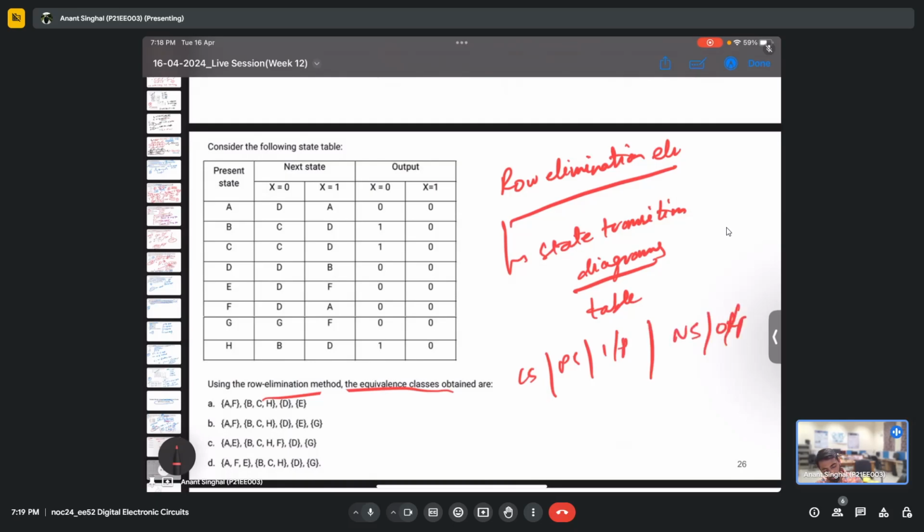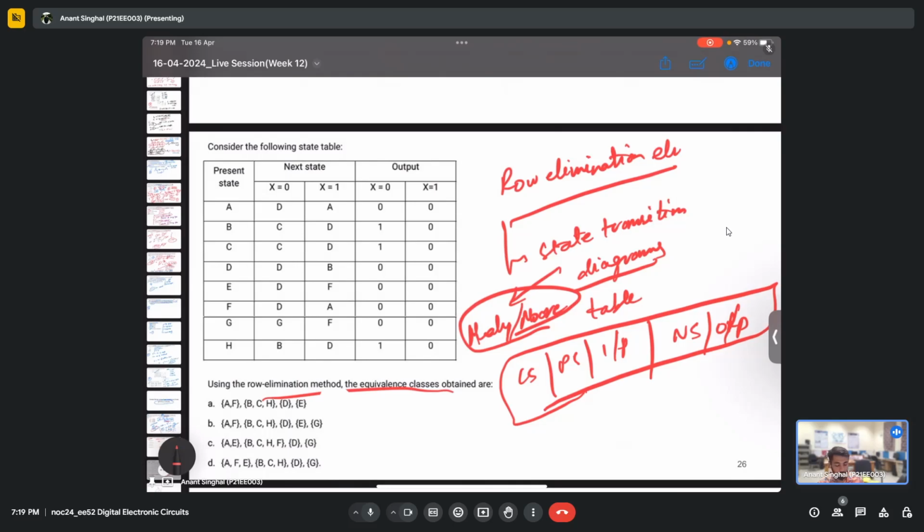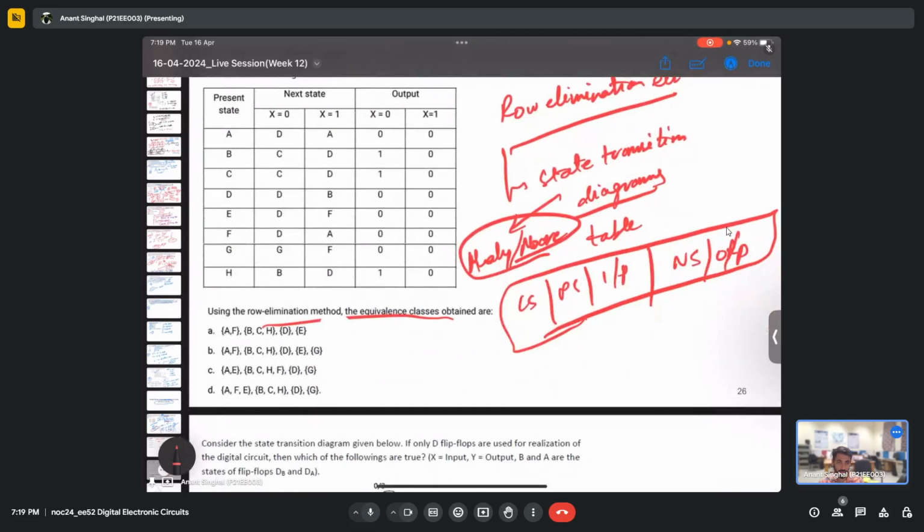You need to know how to make this state transition table, or you can also call it a state table. If you're not aware of these concepts, you might not be able to solve a lot of questions. In the state table, we had two types of models, which are Mealy and Moore, if you're aware. You need to be clear with all of these concepts from this particular state transition lecture.